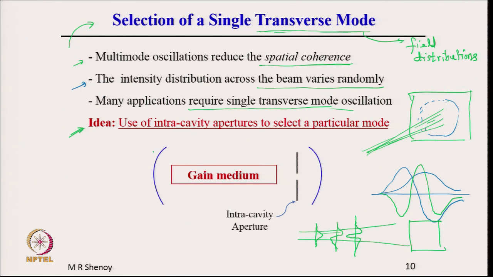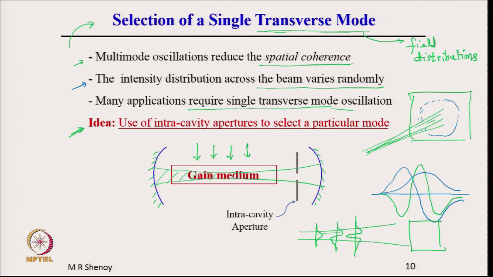Here is the laser. These are the mirrors M1 and M2, and the gain medium, and we have a pump, and the laser beam is going back and forth.